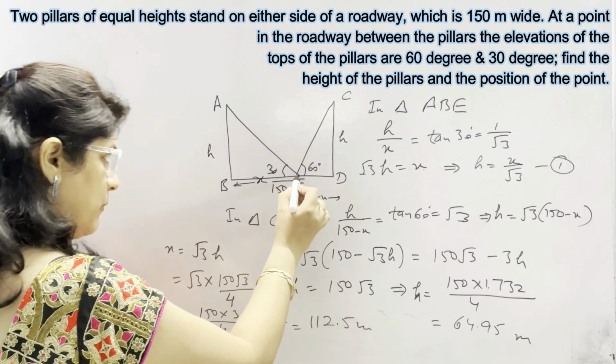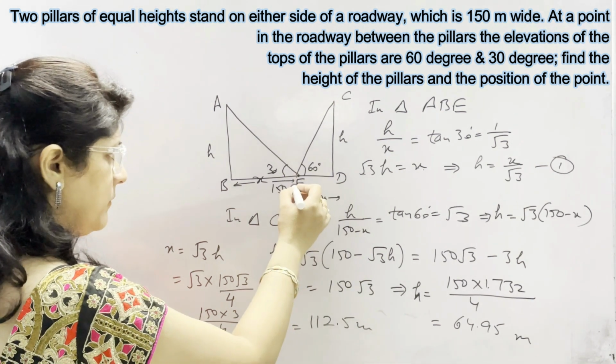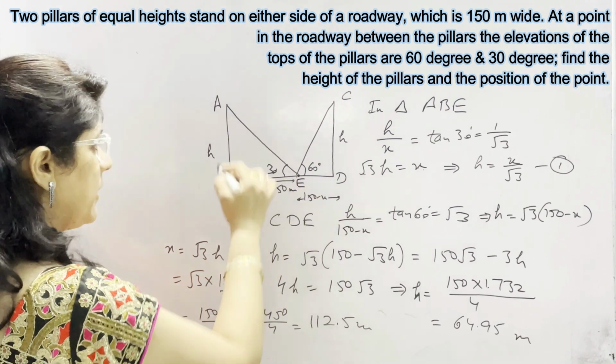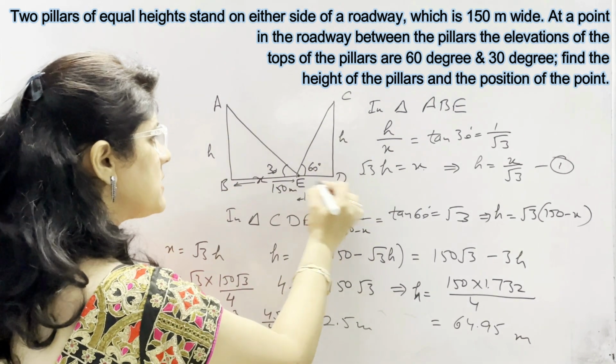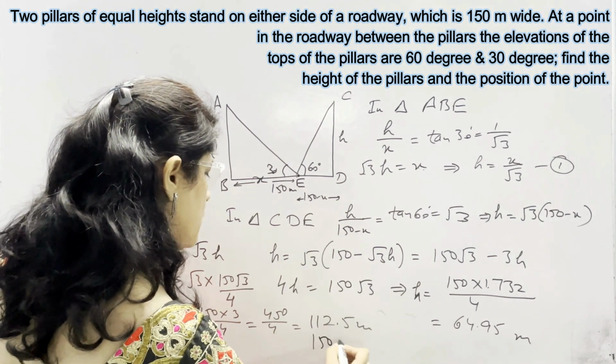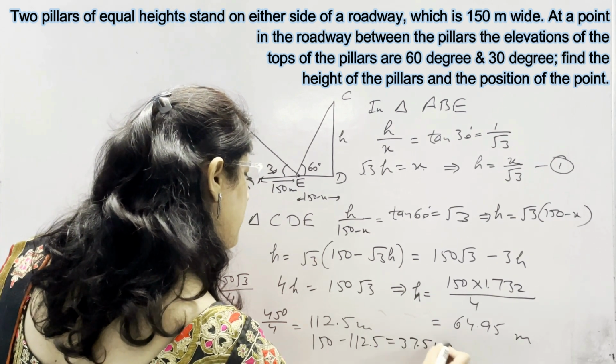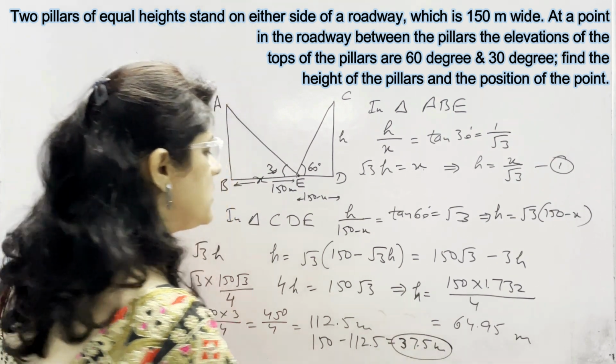So the position of this point is 112.5 meter from one pillar. It means from pillar AB, and from second pillar CD if we want to calculate, then we have to subtract it from 150. So 150 minus 112.5, it means 37.5 meter from another pillar CD.